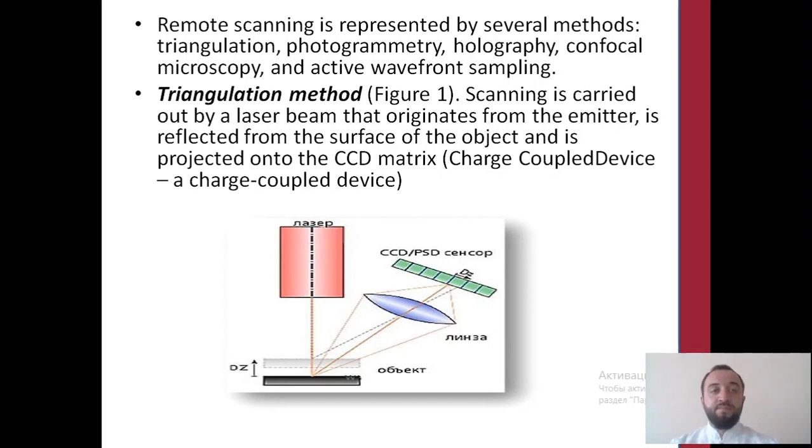Traditional method: the triangulation method. Scanning is carried out by a laser beam that originates from the emitter, is reflected from the surface of the object and is projected onto the CCD matrix.